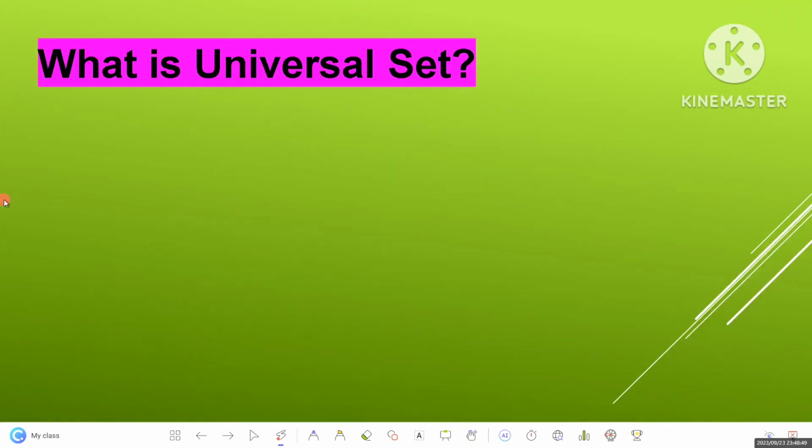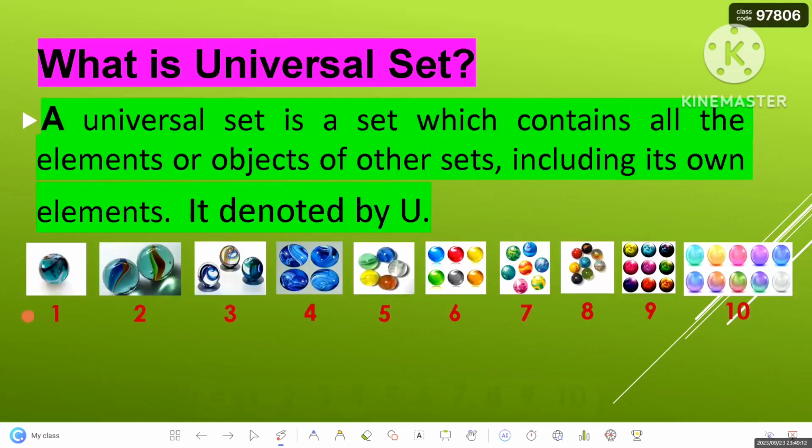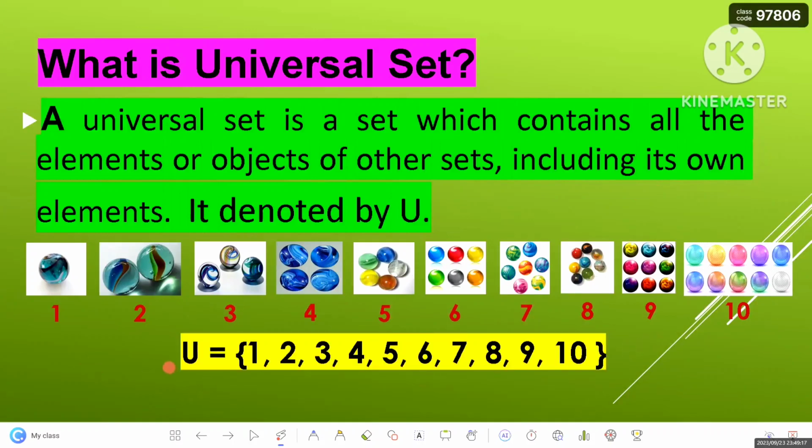Now, let's move on. What is universal set? From the definition, a universal set is a set which contains all the elements or objects of other sets, including its own elements. It's denoted by U. So from these marbles examples, we form the universal set equals 1, 2, 3, 4, 5, 6, 7, 8, 9, and 10.